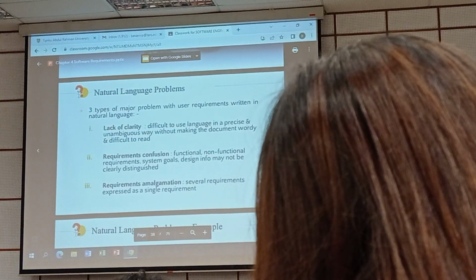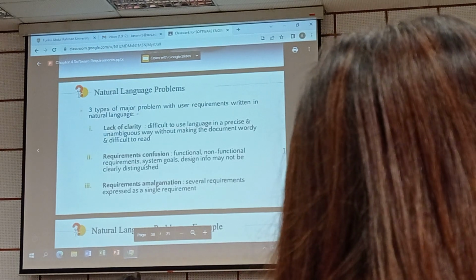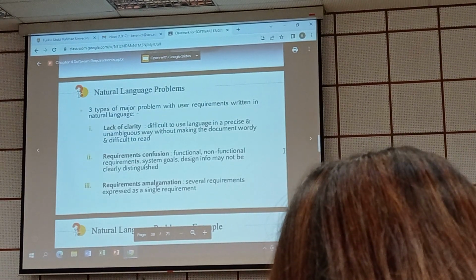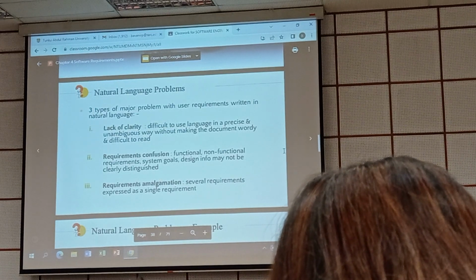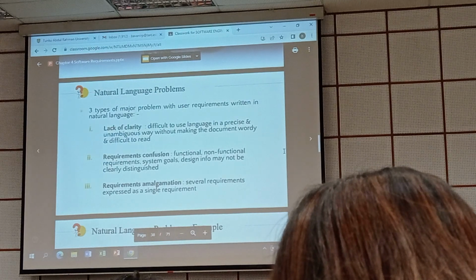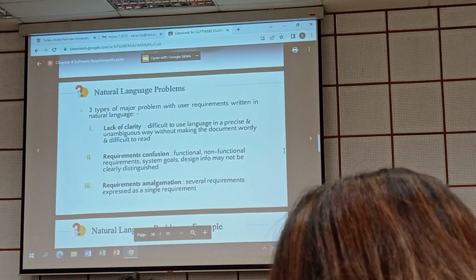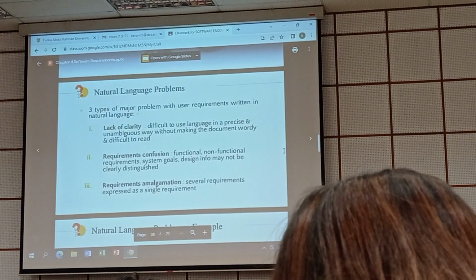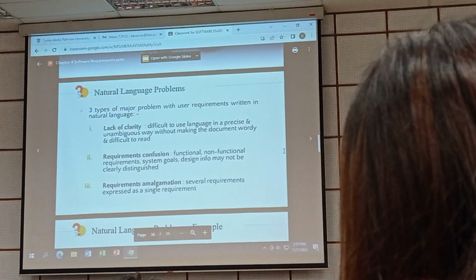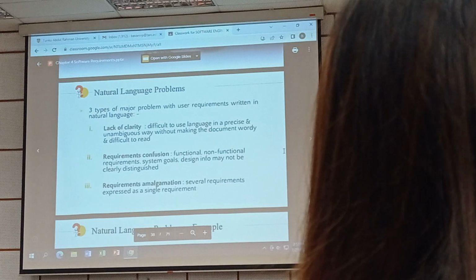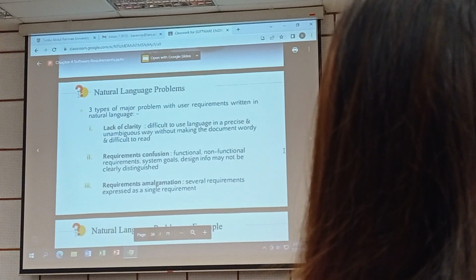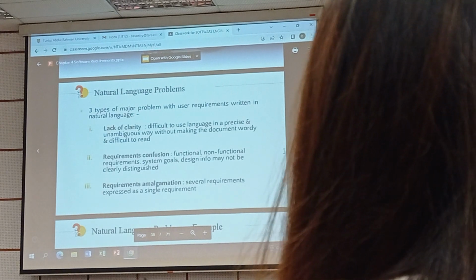Next is the requirement confusion. Remember, we have learned about the software process model. What are the two approaches? Plan driven?